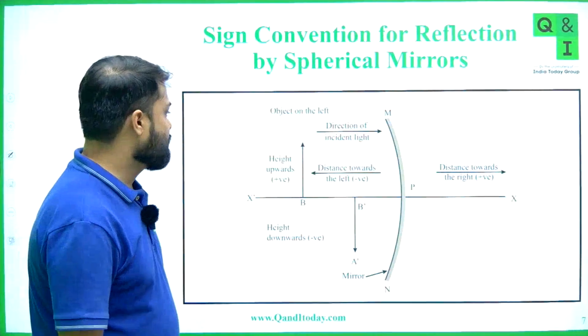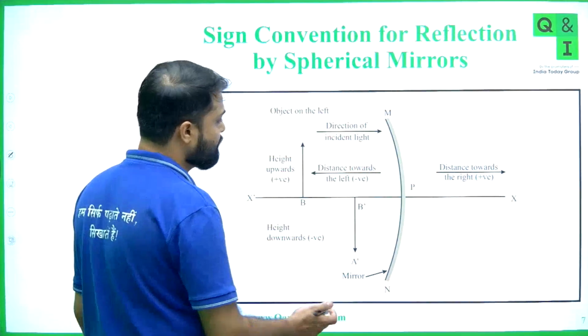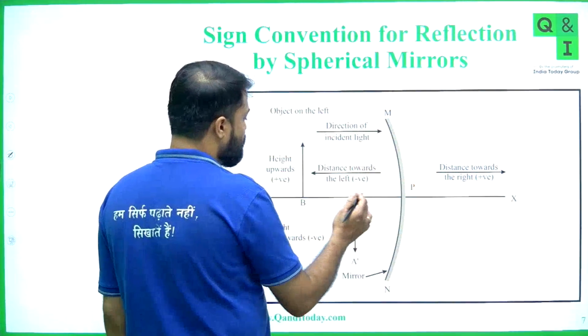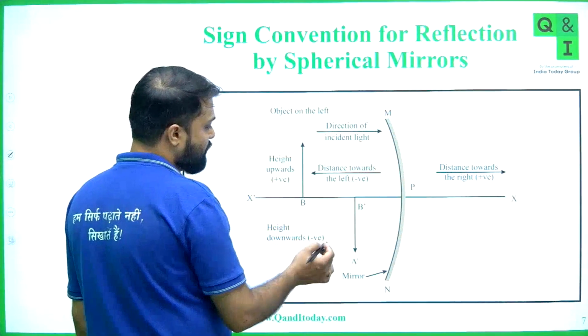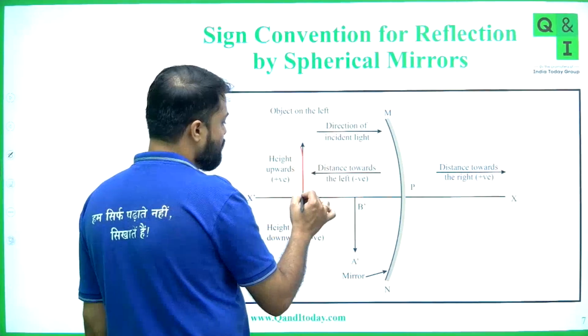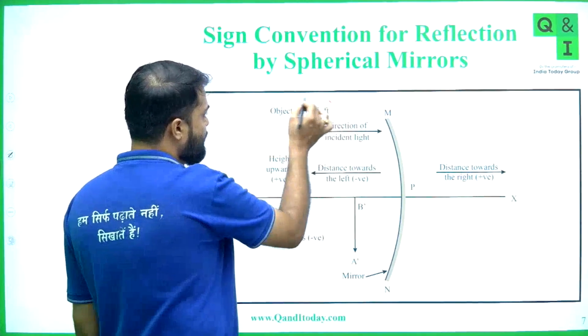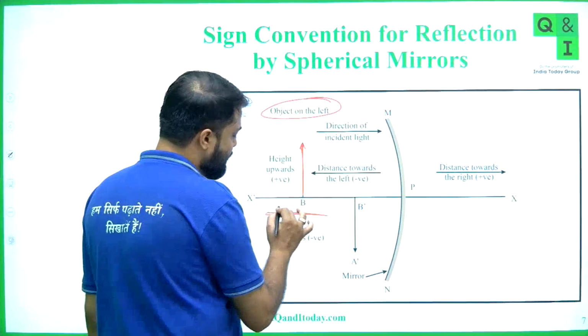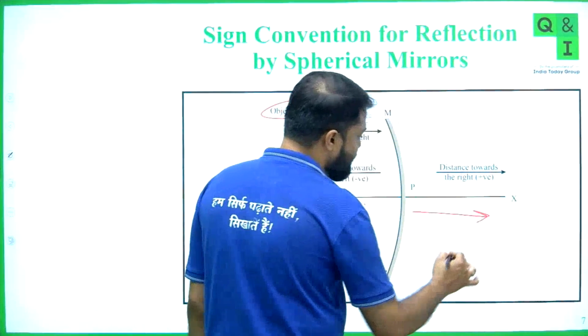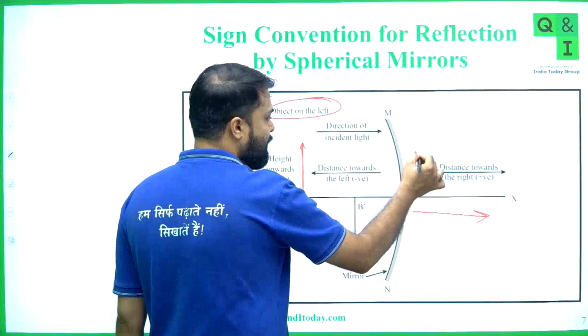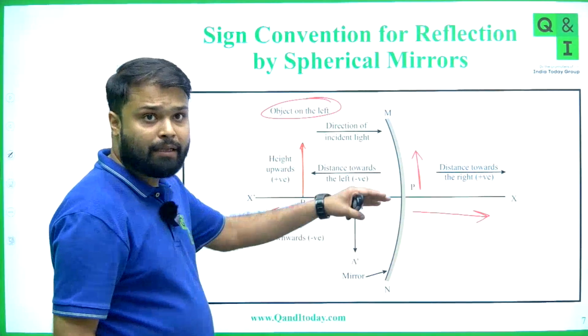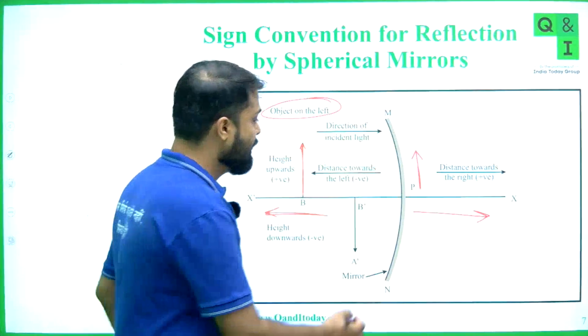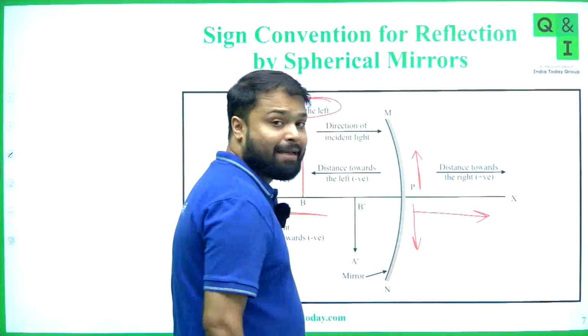Okay. So see this diagram. Suppose we have a mirror. Objects are placed towards the left of the mirror, object on the left. Now this is your negative x-axis, and this is your positive x-axis. This is the perpendicular distance from the mirror, towards the positive y-axis, and this is towards the negative y-axis.